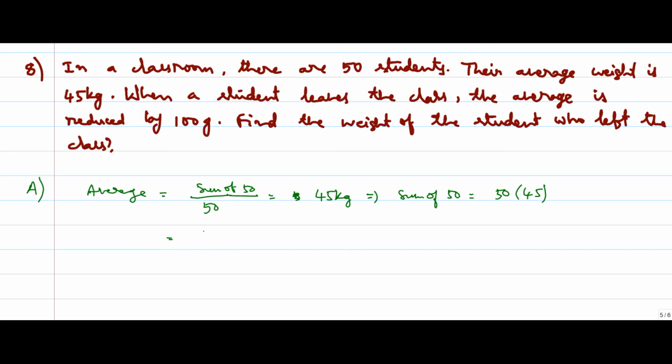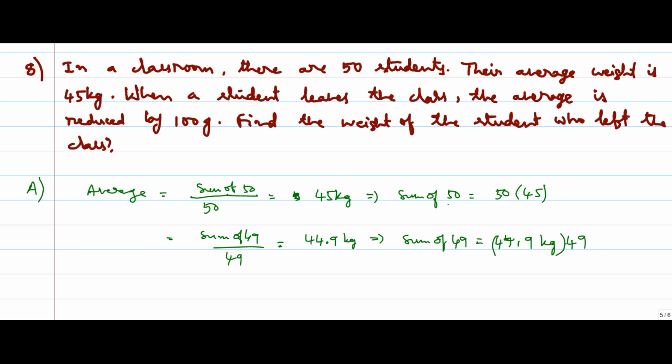The second average is sum of 49 students divided by 49, which is equal to 44.9 kg. 100 gram less, which implies sum of 49 students' weight is simply 44.9 kg into 49. That's all. Now what is the question? Find the weight of the student who left the class.